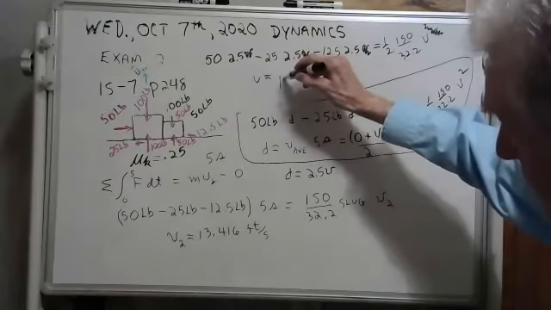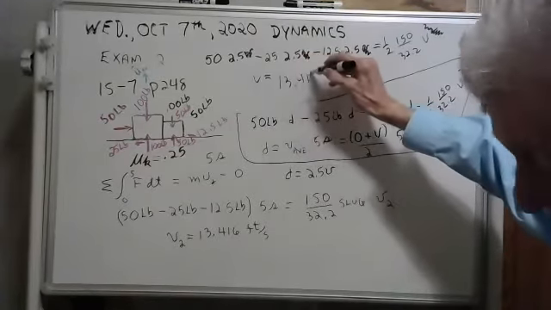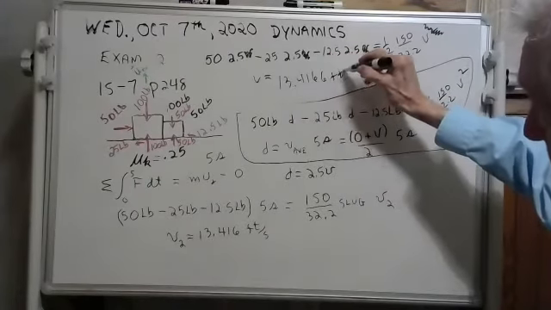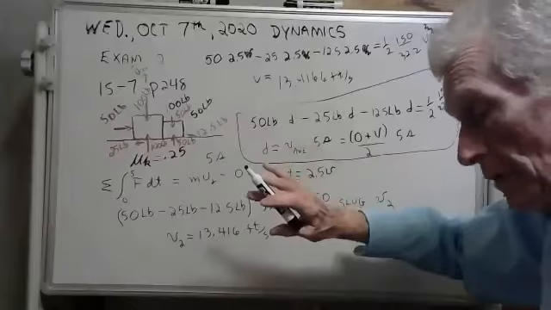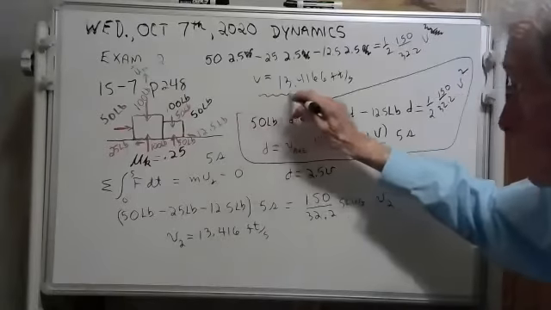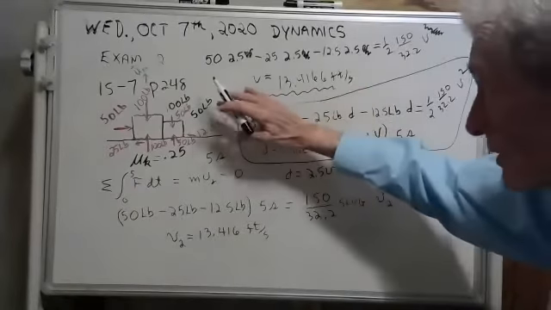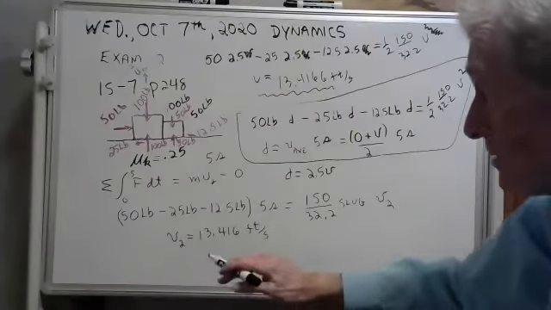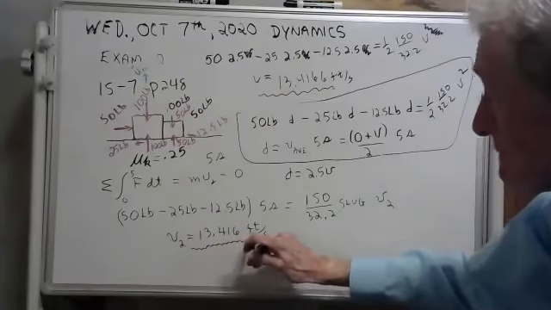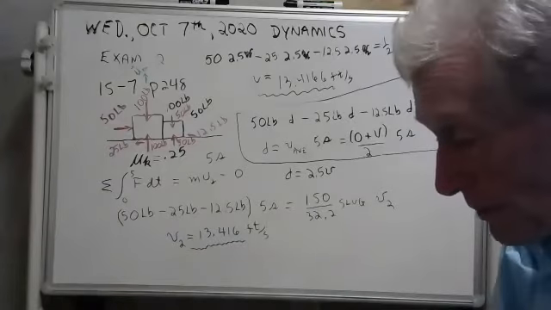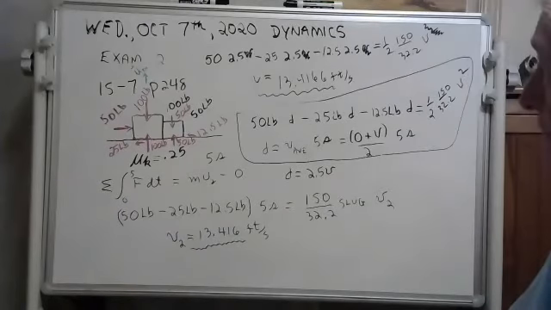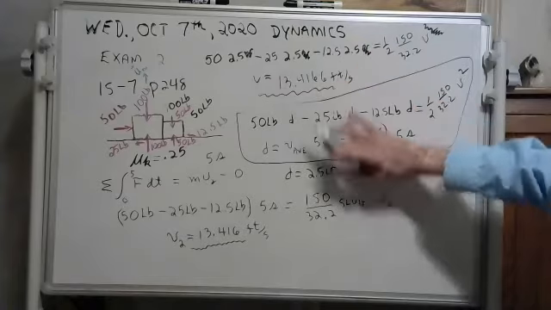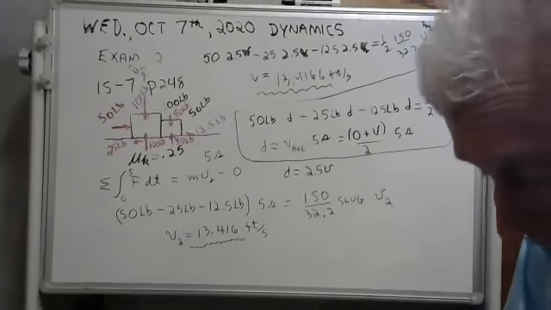Did you get 13.41, a bunch of sixes? Yeah. Yay! Hey, look at here. We got the same answer using work energy. We got the same answer using impulse momentum. And we got the same answer using Newton's second law, but I erased it. I had it here on the board, and I erased it.